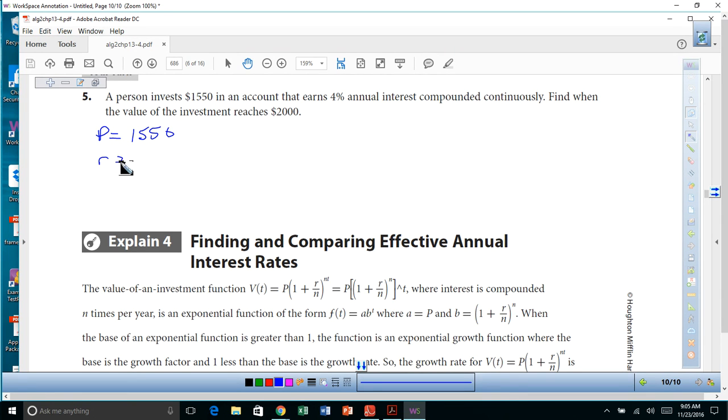The rate is 0.04. So the value of the investment will be $1,550, and it's compounded continuously, so that's going to be e. Our rate is 0.04 to the t. We want to know when it reaches $2,000.